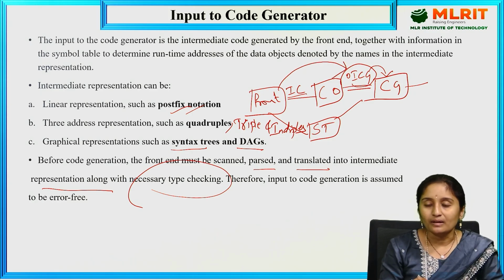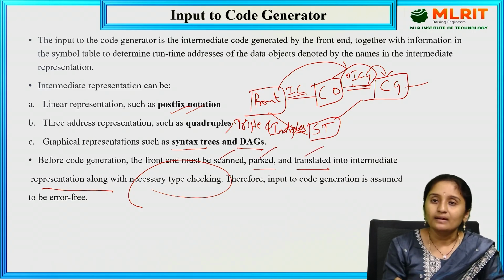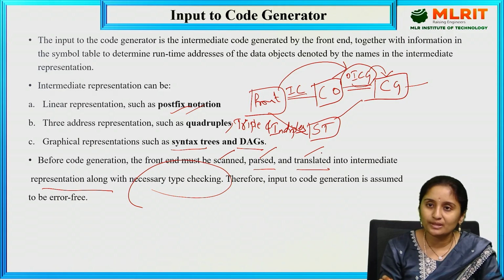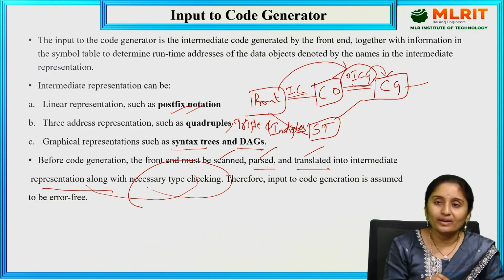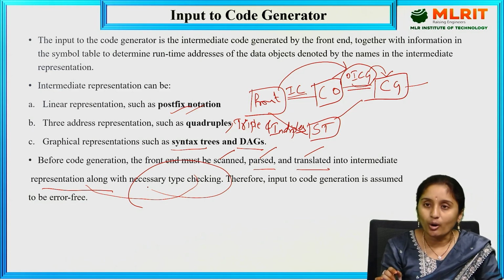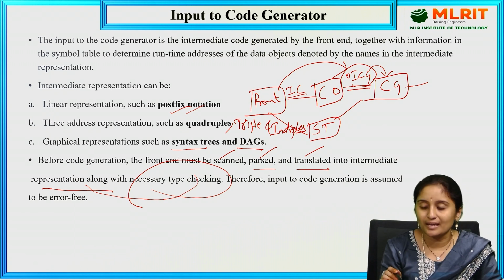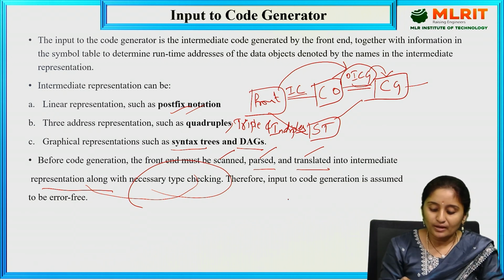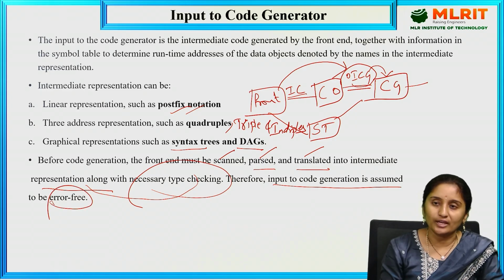The front end, which is giving the output, is the scanned, parsed, translated code, that is lexical analysis, syntax analysis, semantic analysis, and intermediate code generator. All these 4 phases we check, whether the output which is generating optimized intermediate code is error free and very efficient, and only then are we going to give it as an input to the code generator. So therefore the input to the code generation is assumed to be error free.